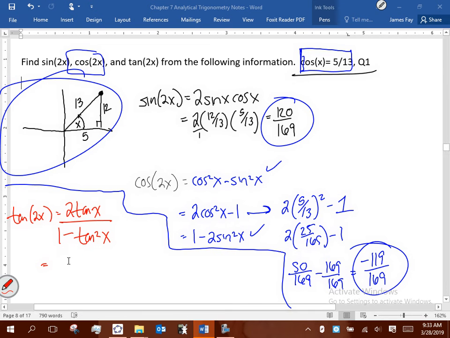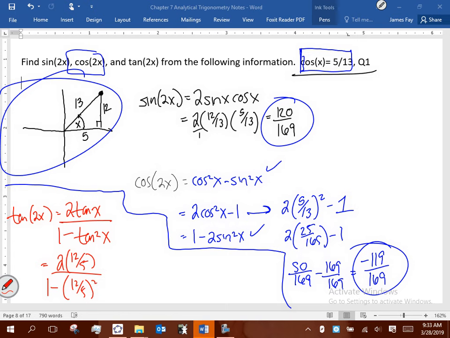If I go 2 times 12/5 divided then by 1 minus 12/5 squared, we should be okay. So I get 24/5 there, right? On the bottom, that's going to be 144 over 25, right?